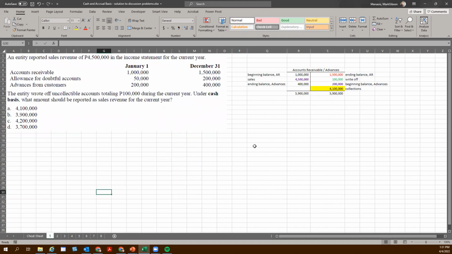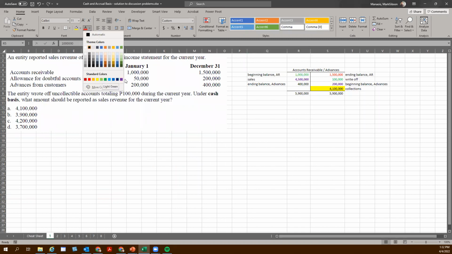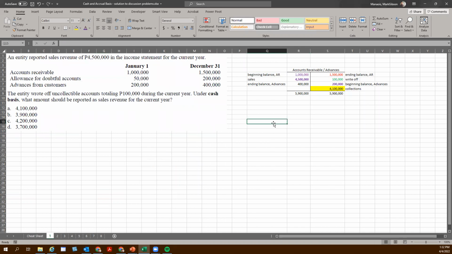So unahin natin i-plot yung mga beginning and ending balances. So this is AR. And remember, we have AR beginning balance of 1 million. So that's given. And then we have ending balance of AR, that's 1.5 million. So pinaplot ko pa lang muna class yung beginning and ending balances natin. Okay, so an entity reported sales revenue of 4.5 million.